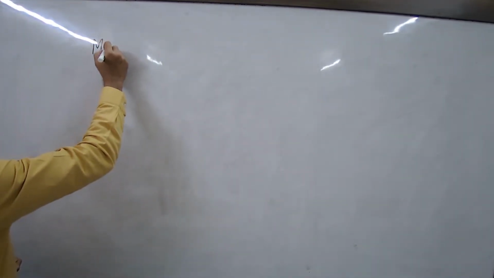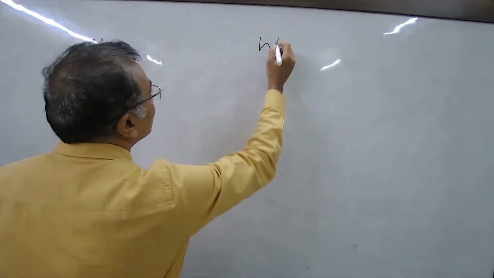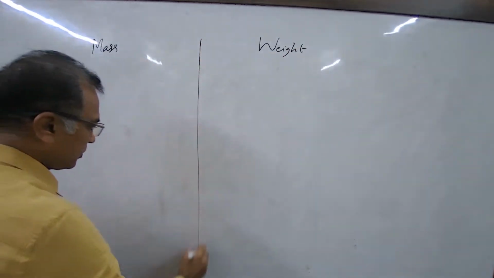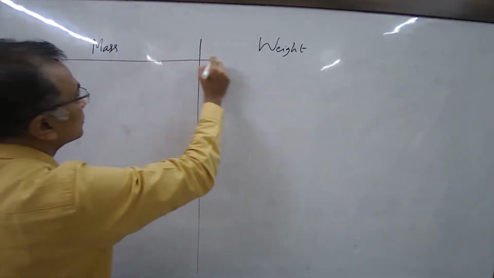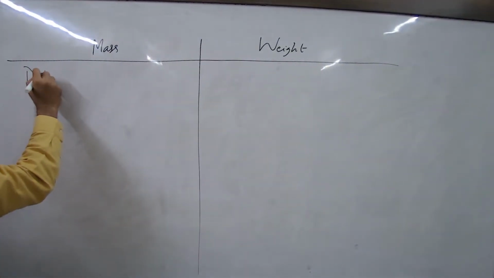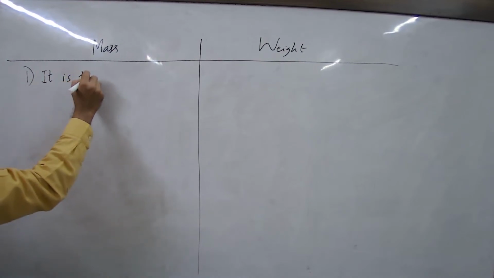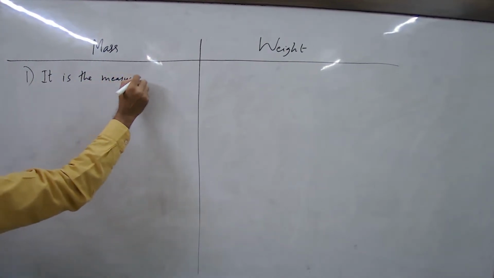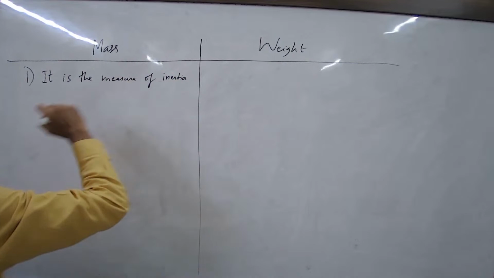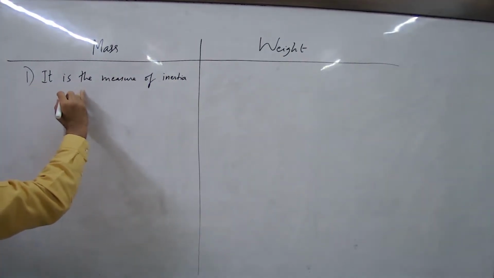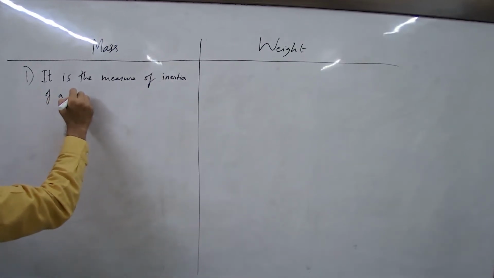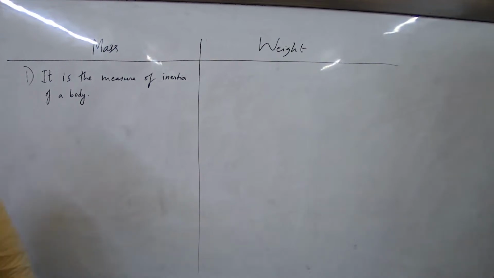Mass and weight. So first thing is, it is the measure of inertia of a body. Okay.